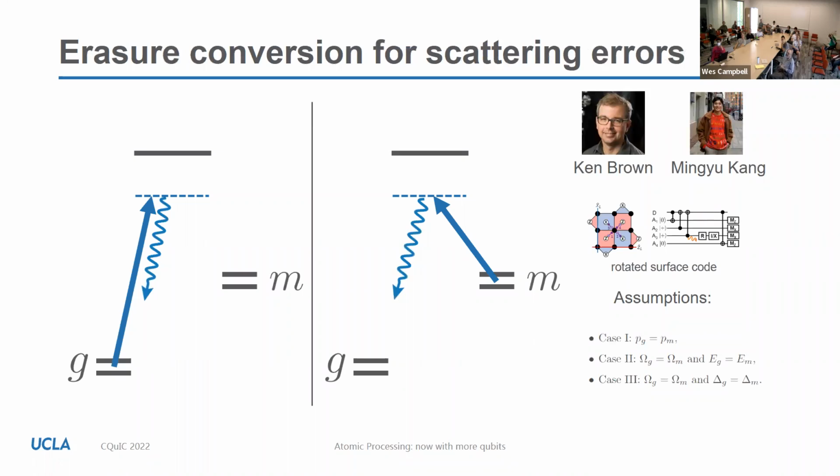So at the end of the day, one can convert these erasures to a kind of arbitrary Pauli error. And you start here with the rotated surface code, where typically we assume nothing is lost, so to speak. Yeah, I think the simulations that Ming Yu is doing are including leakages as well.